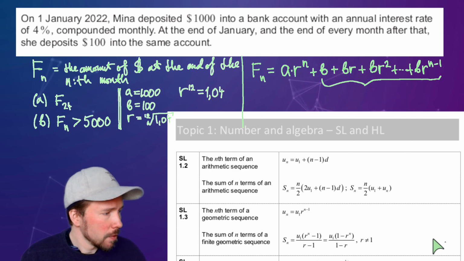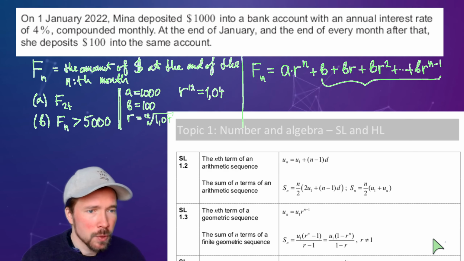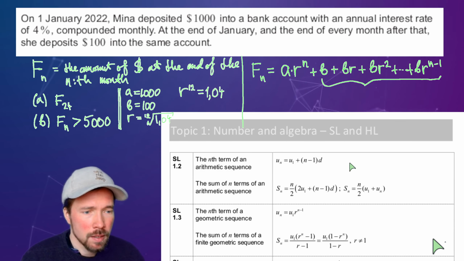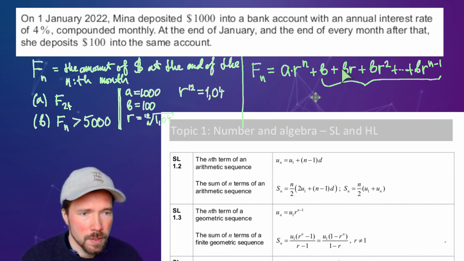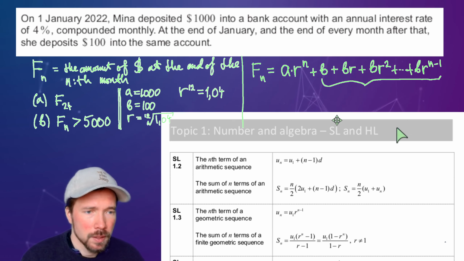Here we have the general term, which is in our case this. Oh, that's very interesting. I have multiple cursors for some reason. Oh my goodness.